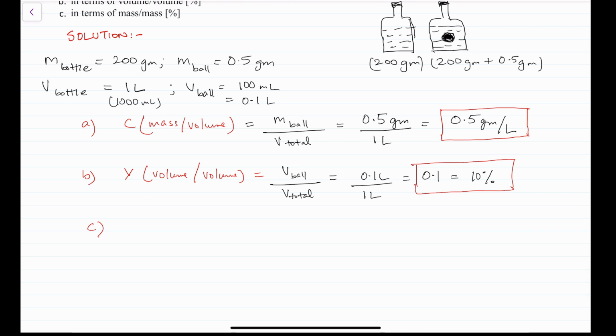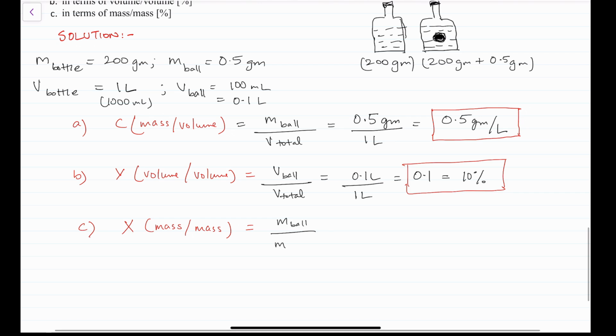And the last one is in terms of mass percentage, that's X. So that would be mass of ball divided by M total. So that's 0.5 grams divided by 200 plus 0.5 grams.